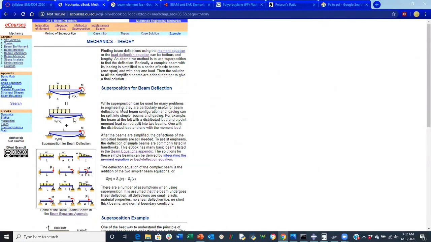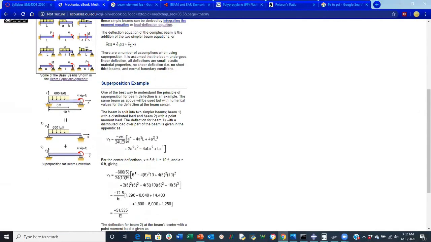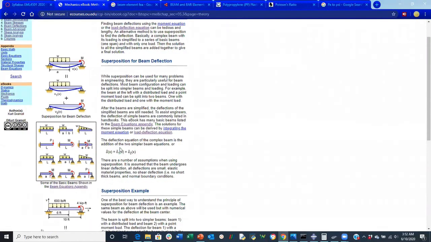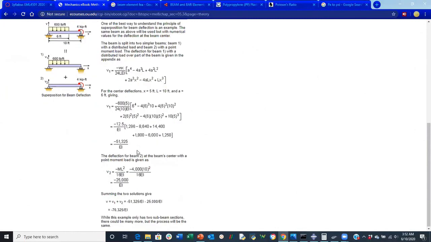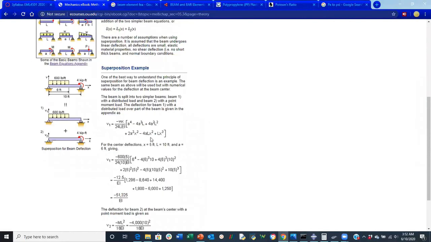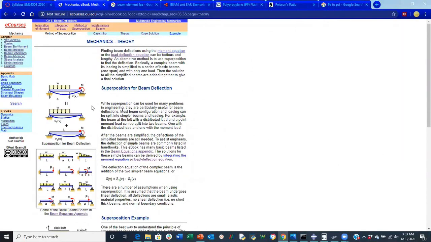What you would do is split this into a singular loading due to the couple, and then a singular loading due to the moment, and then you would simply add the deflections at whatever x direction you so desire, and it will yield a close approximate result of what the deflection would be when both loads are considered. So that's really all there is for beam theory. And yeah, if you guys have any questions, just let me know.